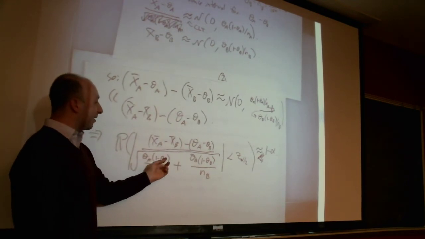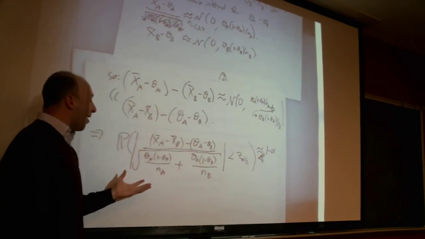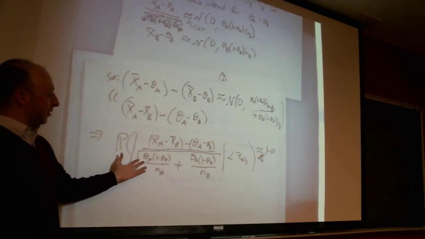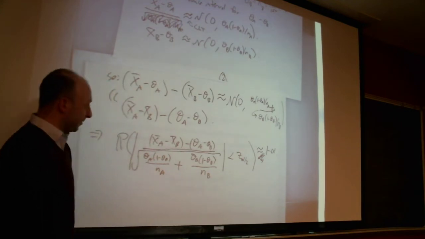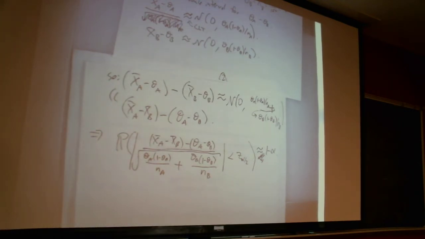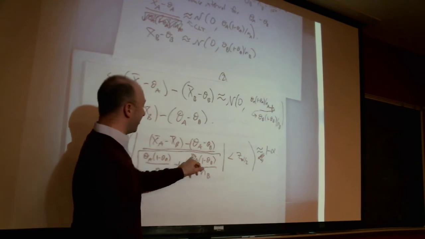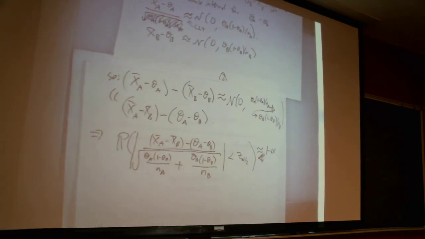Approximate the thetas here by the x bars. But now it really is out of necessity, because if you try to do this algebra, it gets really hairy. In fact, you can't really get rid of them in any nice way that's reasonable.